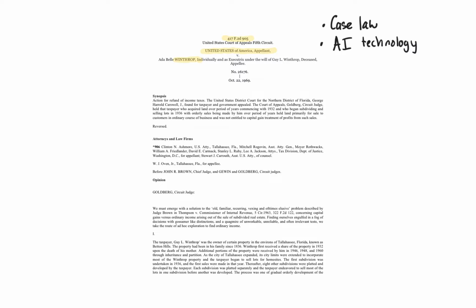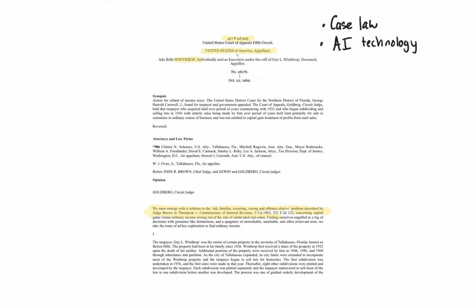Let's go ahead and start at the opinion. We're given the circuit judge, which could be helpful. Let's go ahead and start by looking at just the beginning of the opinion. "We must emerge with a solution to the old, familiar, recurring, vexing, and oftentimes elusive problem described by Judge Brown in Thompson v. Commissioner of the Internal Revenue concerning capital gain versus ordinary income arising out of the sale of subdivided real estate."